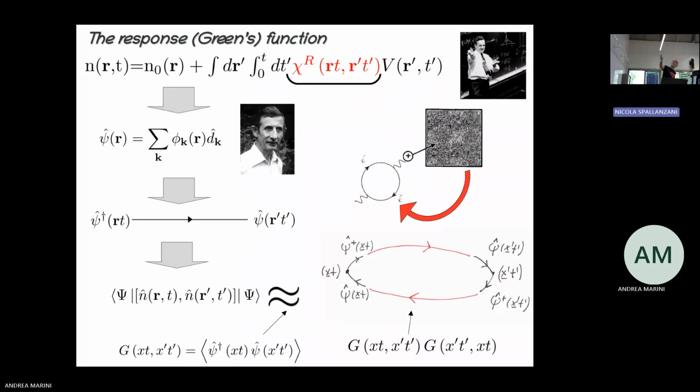This object, because the density is ψ†ψ, now you have ψ†ψ, well, there are two, right? ψ†ψ, ψ†ψ. Then, if I want to write this in terms of Green's functions, I will have a first ψ†ψ, and then another ψ†ψ. So this means two Green's functions.